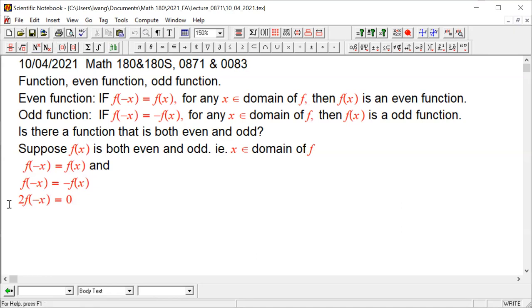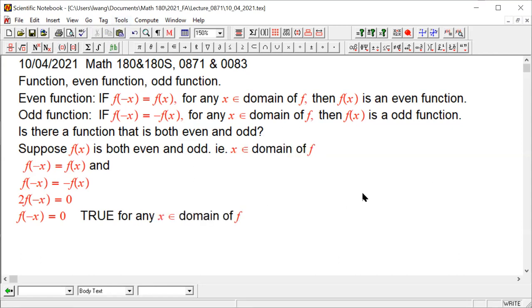If I divide both sides by 2, f of negative x is 0. What does that tell you? This has to be true for any x in the domain.